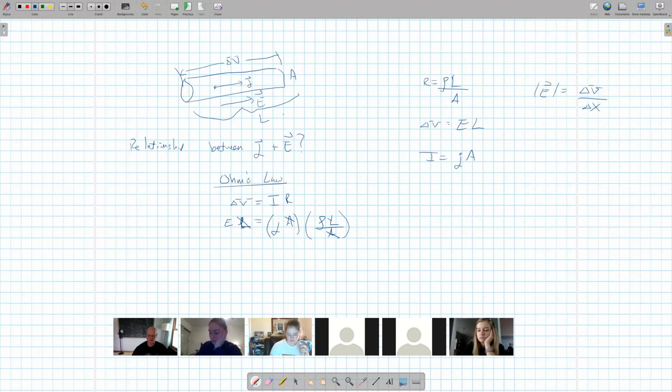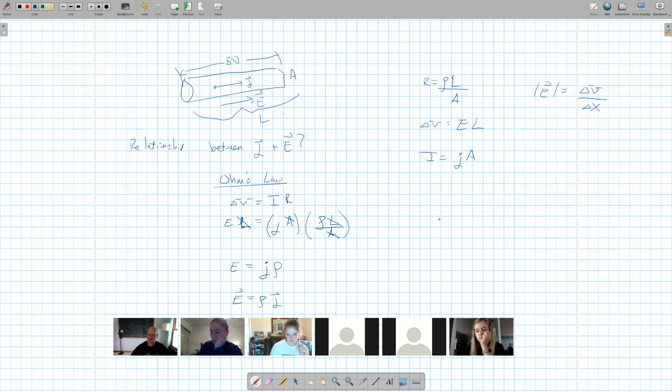This length is going to cancel with this length. This is equal to the current density times the resistivity, which means that the electric field as a vector is equal to the resistivity times the current density as a vector.